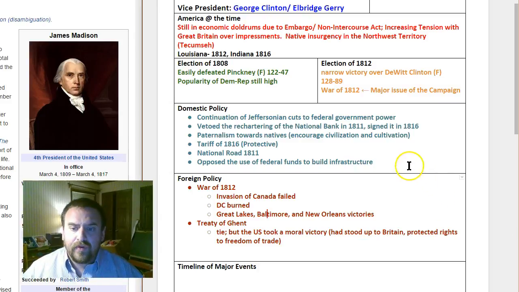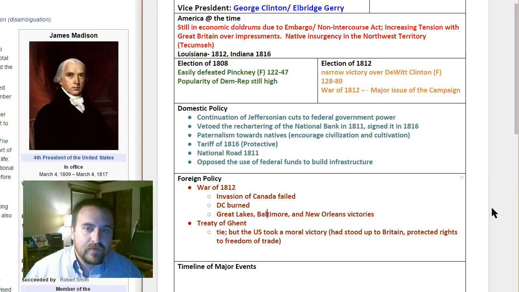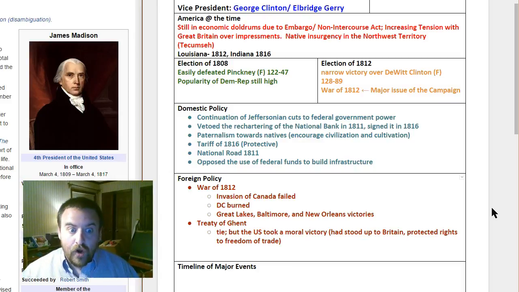And I guess we could put the Hartford Convention in domestic policy, but it's not really Madison's doing. It's more of the America at the time. The Hartford Convention occurs, and that's going to kill Federalist hopes going into the election of 1816. Their power starts to decrease so quickly after that.